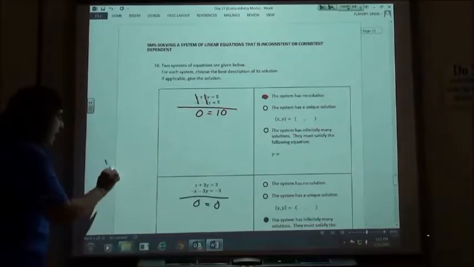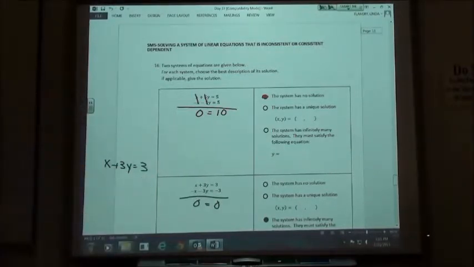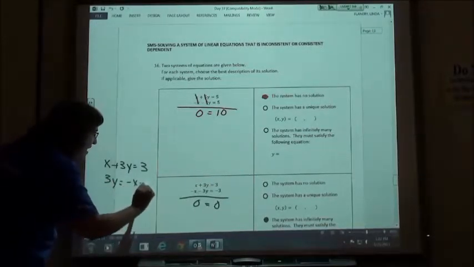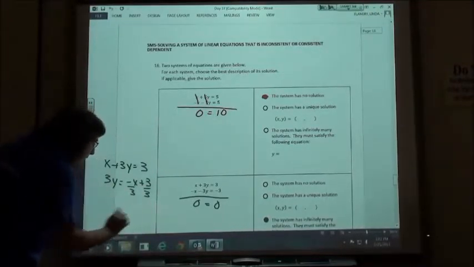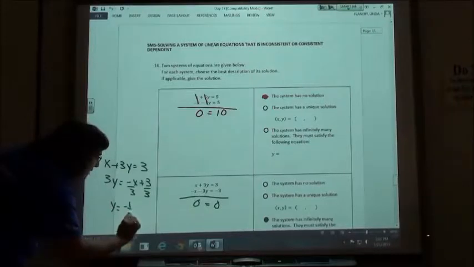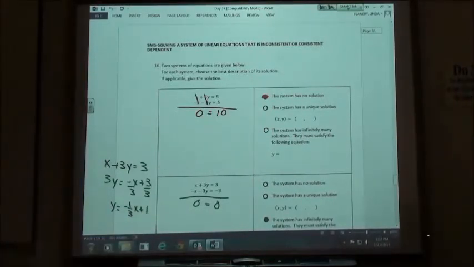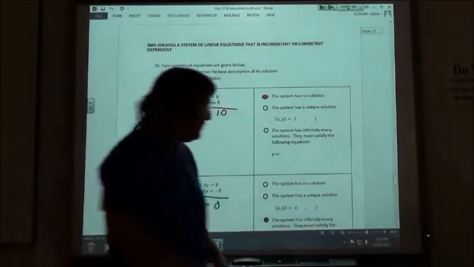So if I have x plus 3y equals 3 and I want to solve that for y, put it in slope-intercept form. 3y is going to equal negative x plus 3. I then divide by my 3, and so y is going to equal negative 1/3 x plus 1. And so that will go down there in that answer.